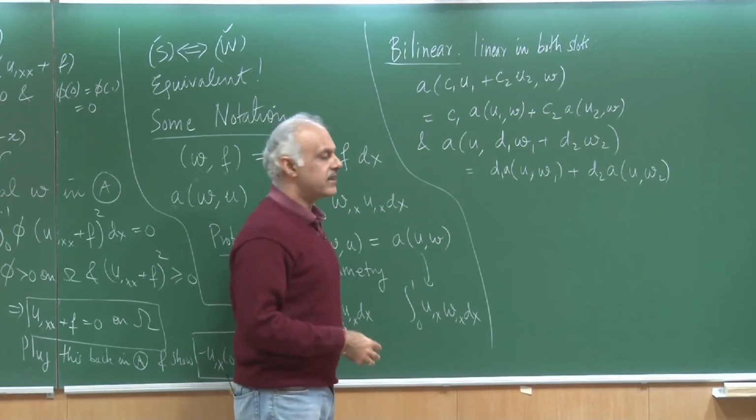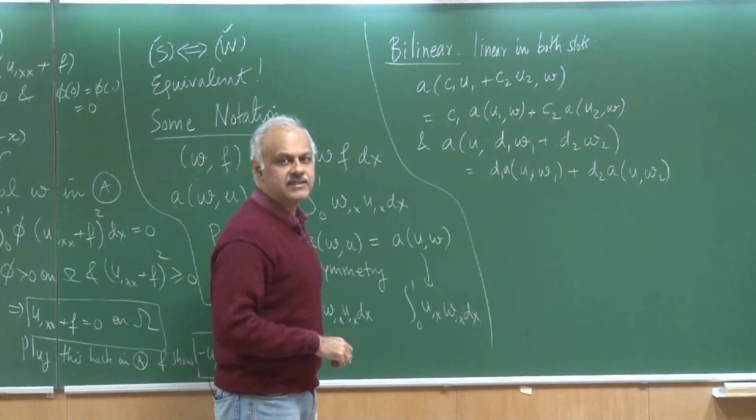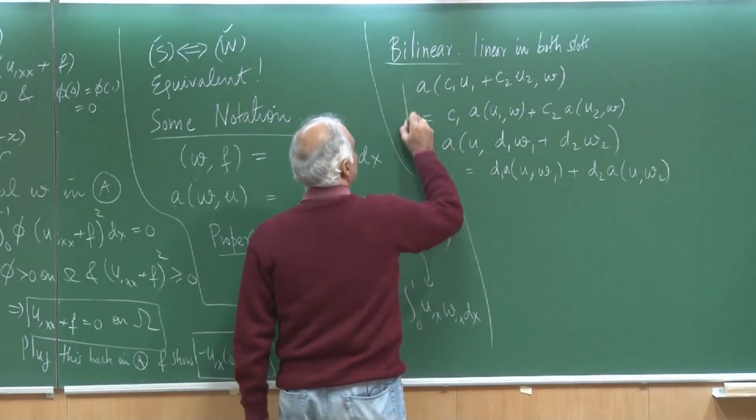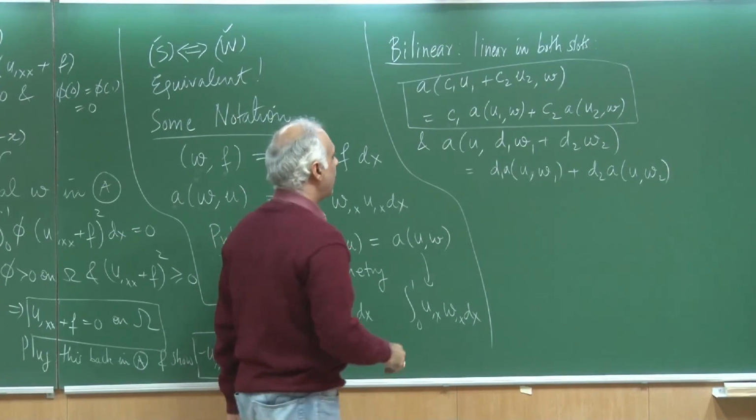I have assumed that C1, C2, D1 and D2 are constants. And the proof is really simple. So suppose I want to prove this relationship here, all I have to do is the following.